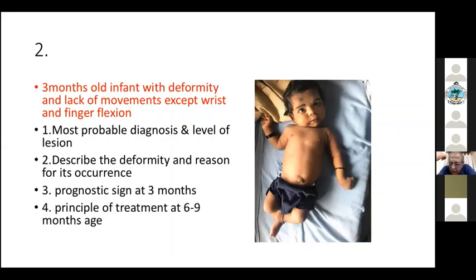The second thing is, when you are trying to externally rotate, the child usually cries. So it will be very irritable. The third most important sign is the range of passive external rotation after stabilizing the shoulder. When the child is lying down, you stabilize it, bring the arm to the side and passively externally rotate.